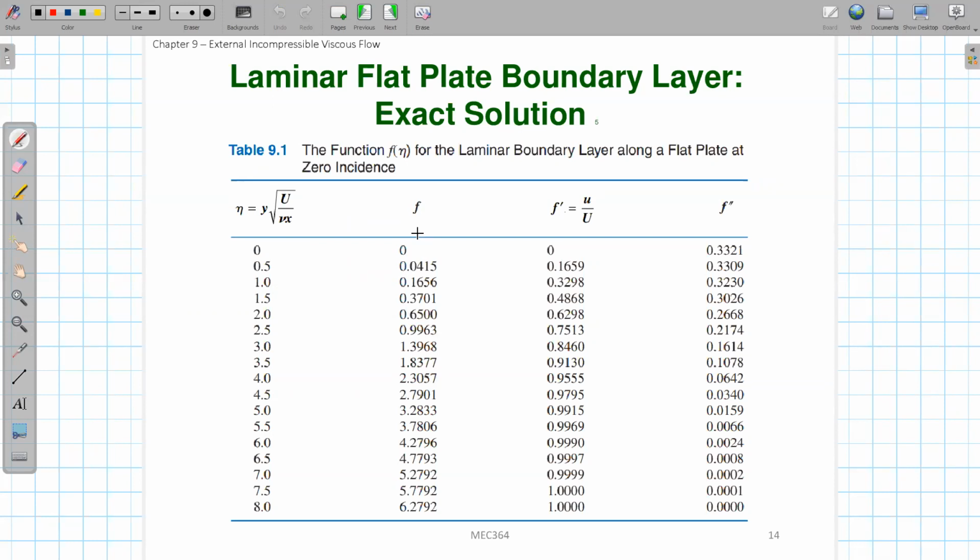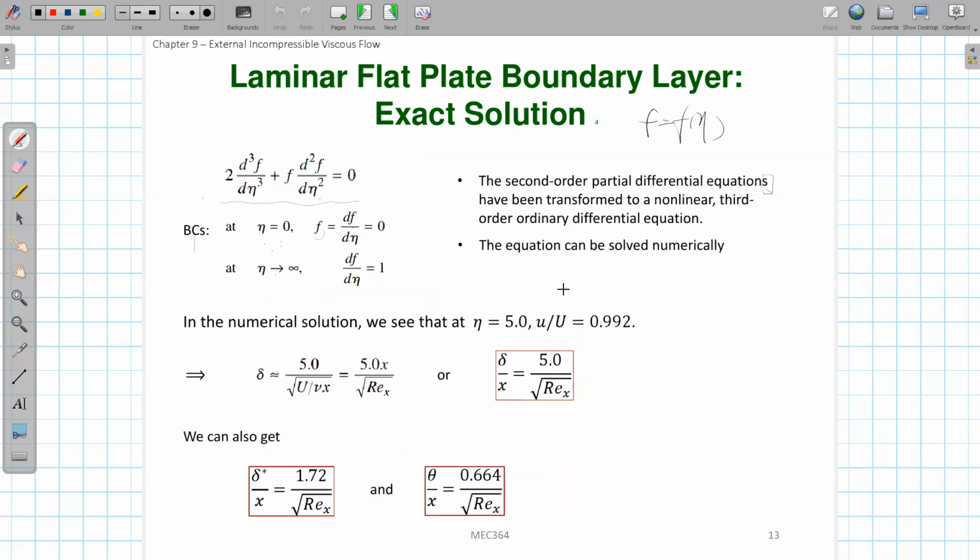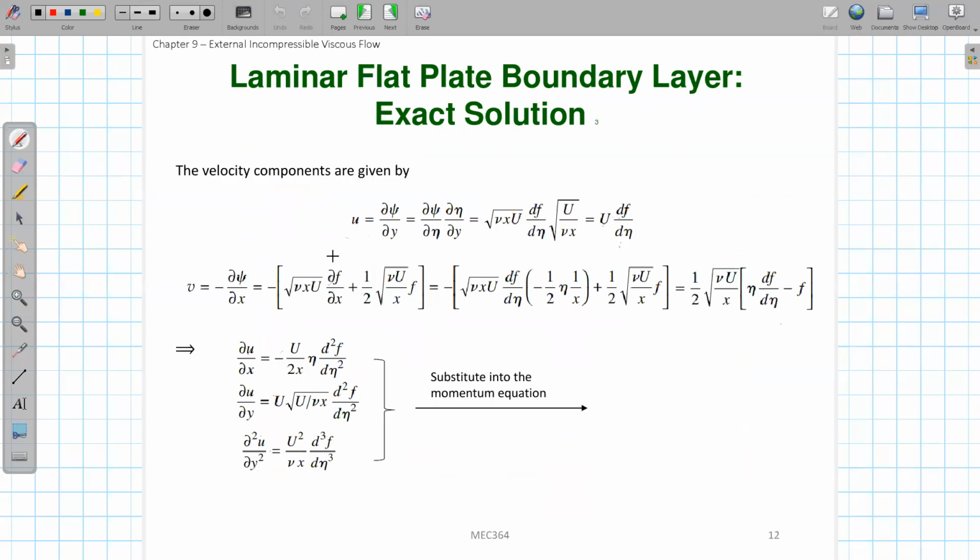After knowing the F value, knowing dF d eta and d square F over d eta square, you substitute the results obtained here and you can get the U value and V value. This is U, as a function. So U will be large U times F prime.